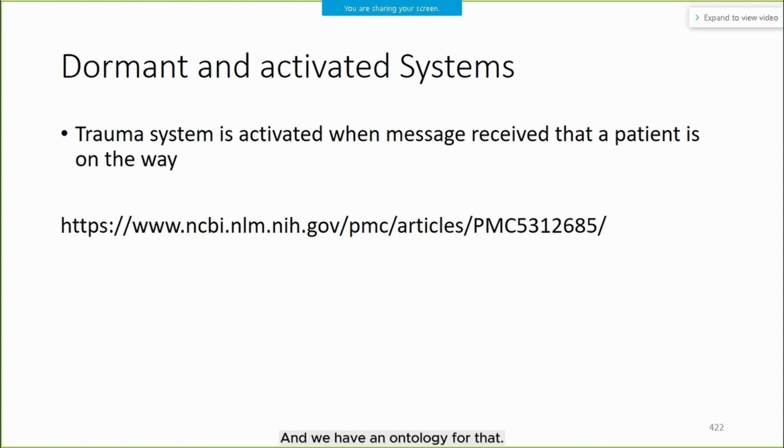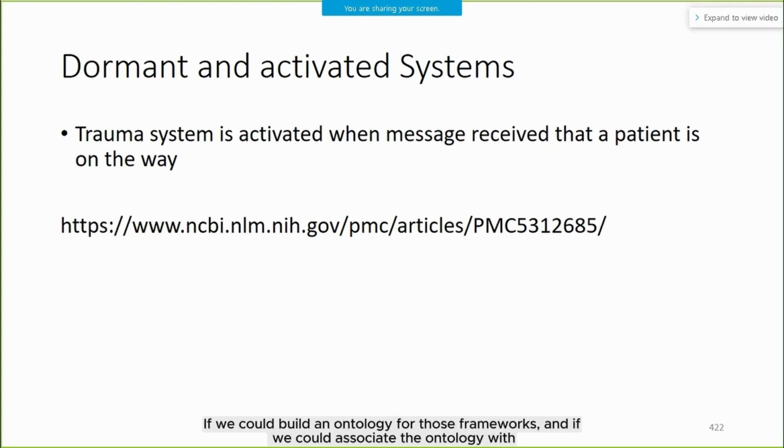And we have an ontology for that. One of my co-workers built it, and I'll show you a little more of it later, to solve the following problem. Some trauma systems in some hospitals are very effective. Other trauma systems are less effective. A trauma system involves a certain kind of organizational framework.